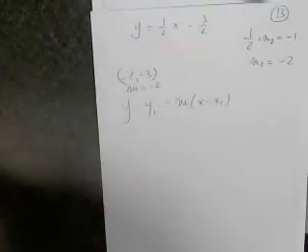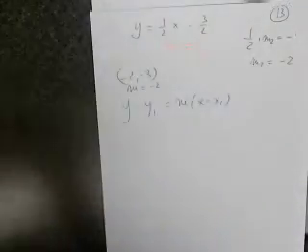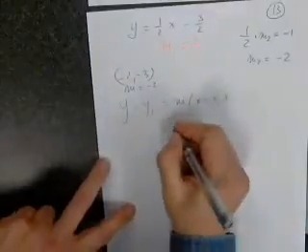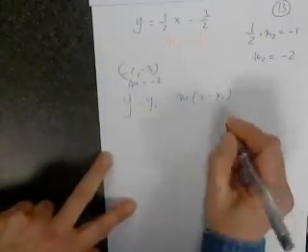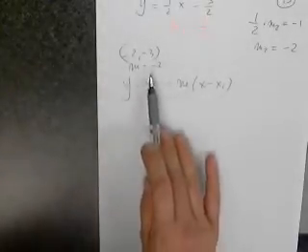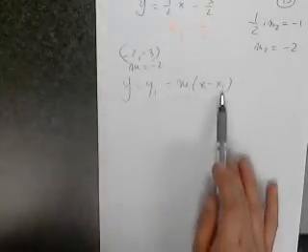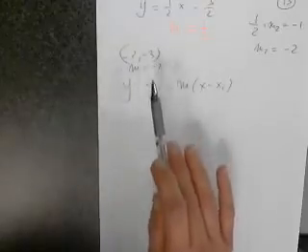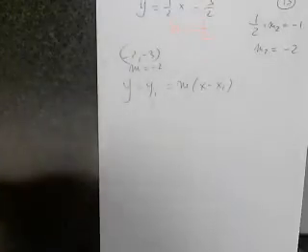Very good. So then what I have is everything, actually. I have negative 2, which is the slope that we just determined. x1 is negative 2, y1 is negative 3. What should I write?